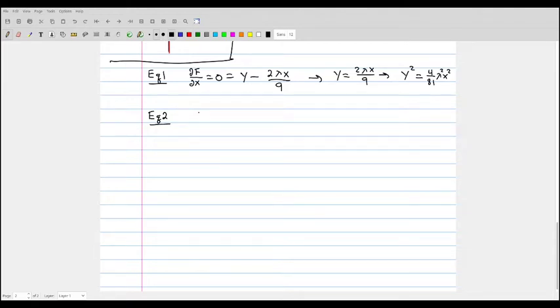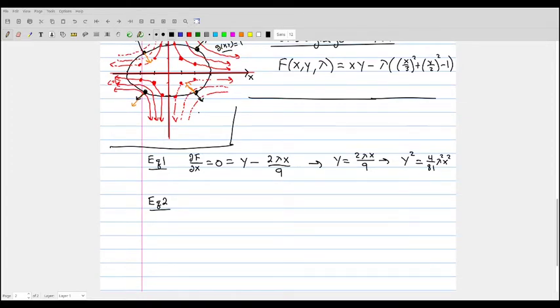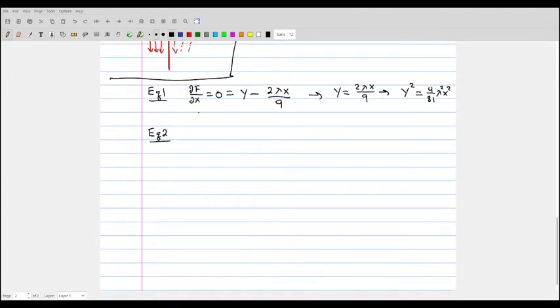Equation 2 is saying that the y partial derivative of the Lagrange function at any critical point has to be equal to 0. And the y partial derivative of our Lagrange function is going to be x minus lambda times y over 2.